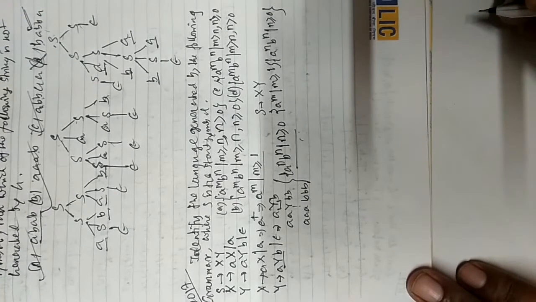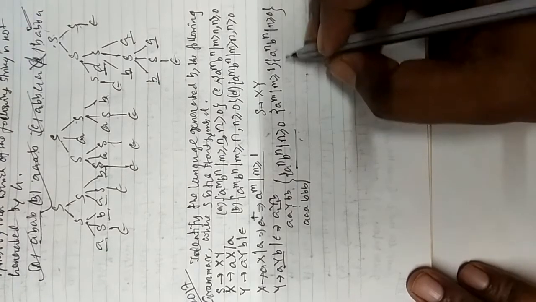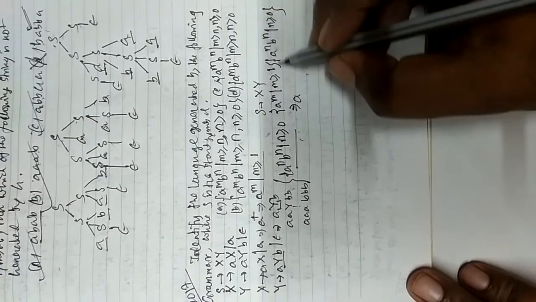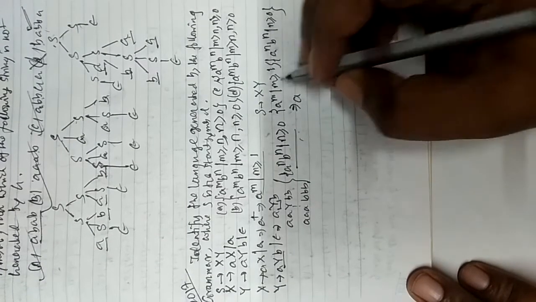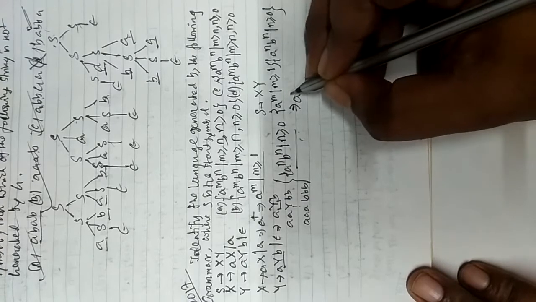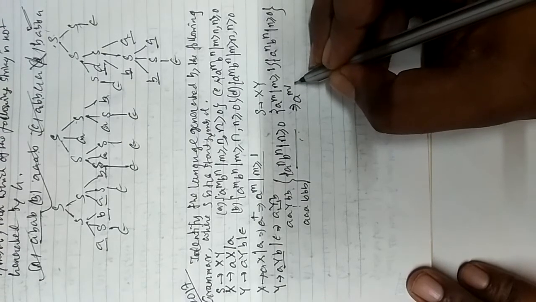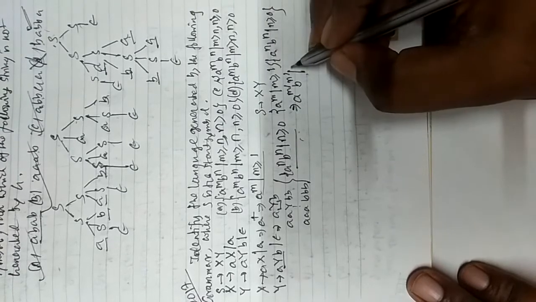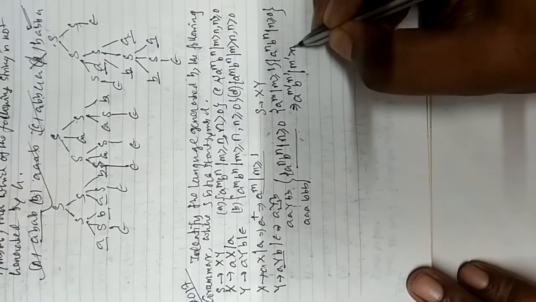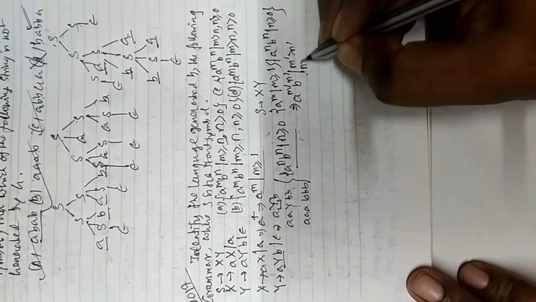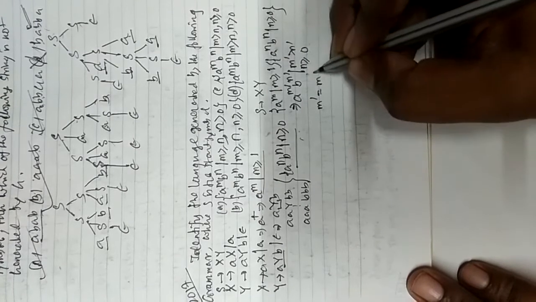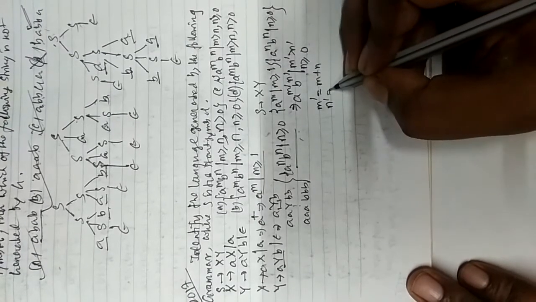When we combine, you get a to the power m prime, b to the power n prime, where m prime is greater than n prime and n is greater than or equal to 0. m prime is nothing but m plus n, and n prime is equal to n.